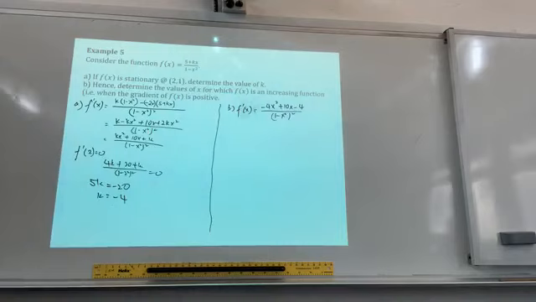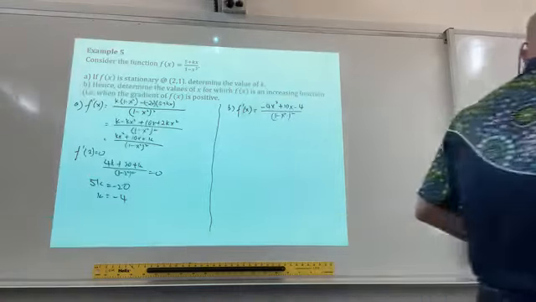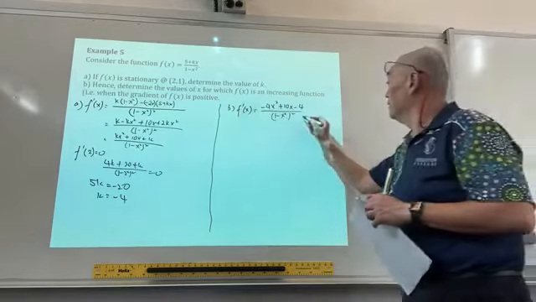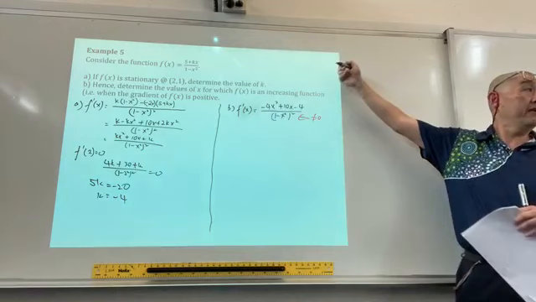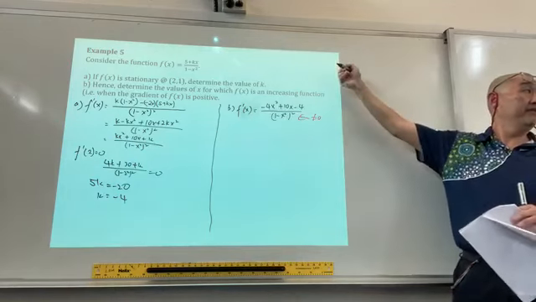Right, here, you know that the denominator can never be 0, correct? Do you agree? Denominator can never be 0. If it is 0, that derivative doesn't work.